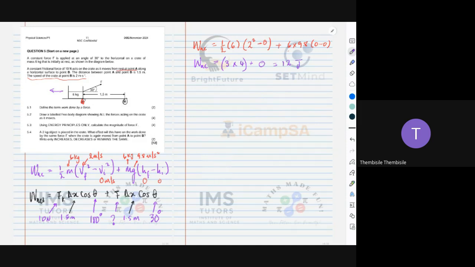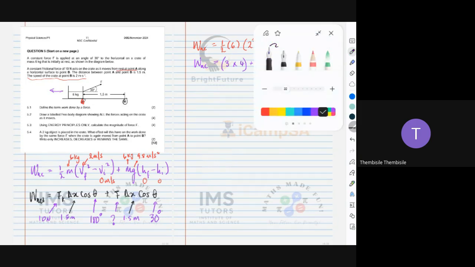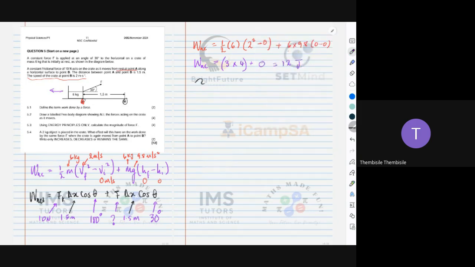Okay, let's move on. Then we have work net. So work net is equal to, we're gonna substitute Fk, we've got 10, displacement 1.5, then cos 180. I'm gonna use 180 for now.